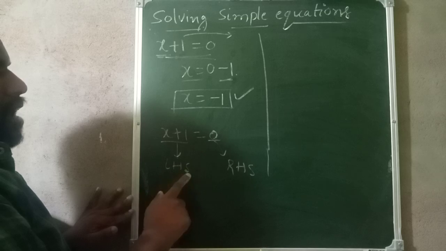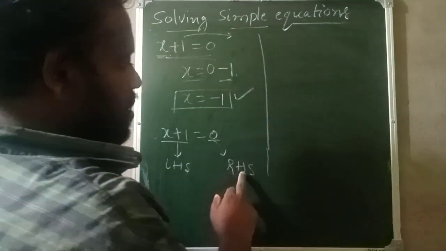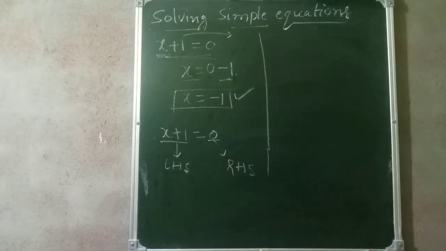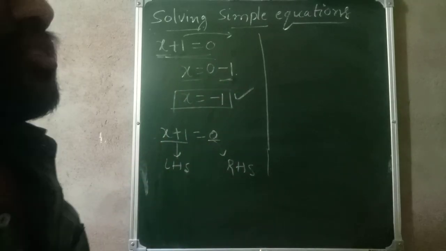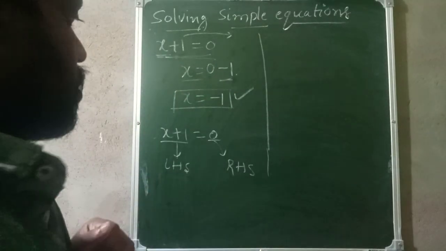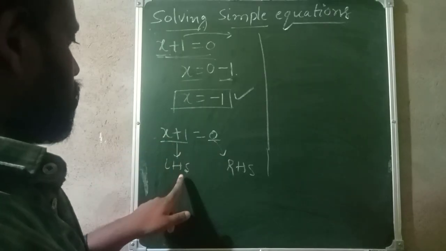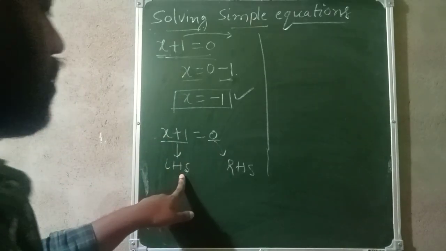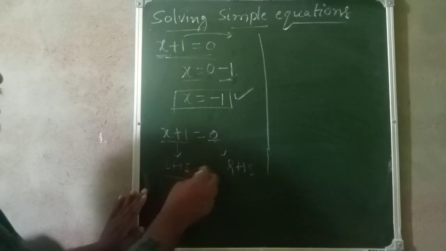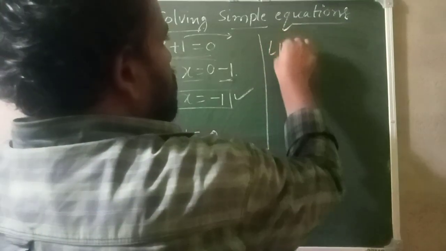LHS means left hand side, RHS means right hand side. Now check on which side the variable x is present. The variable x is present on the LHS, so take this LHS here.